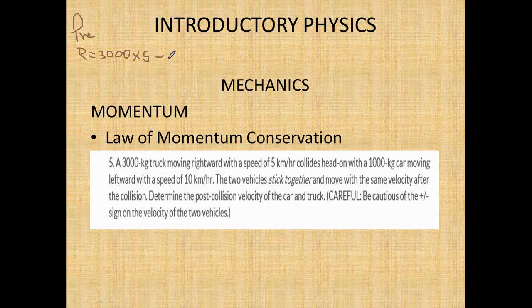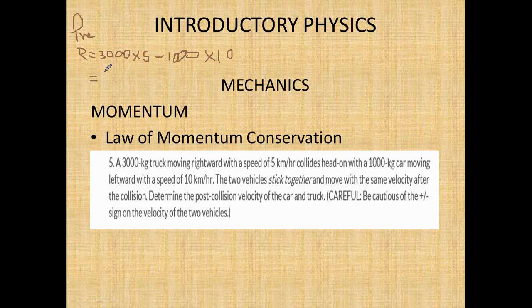The mass of the car is 1,000 kilograms and it's moving with a speed of 10 kilometers per hour, so you multiply that by 10.